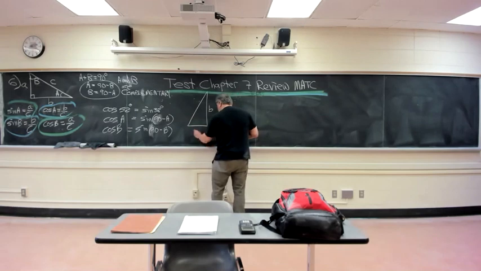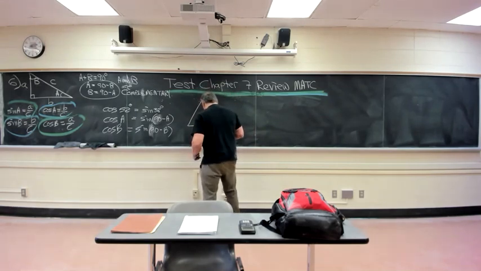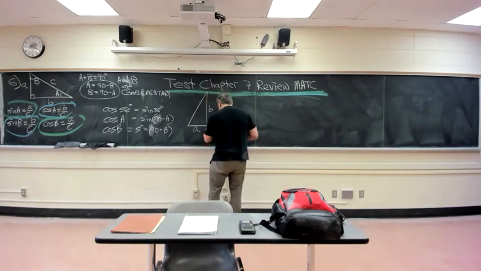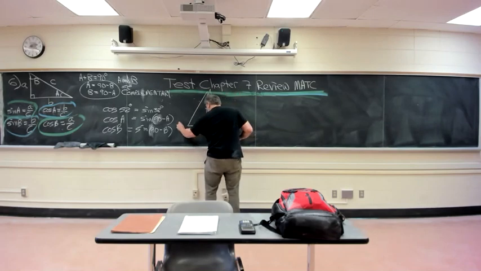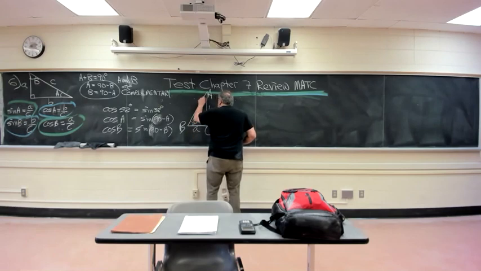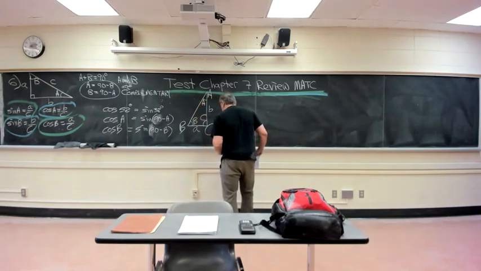If that guy's going to be B and that's going to be A, and you're going to put big C here and big A here and big B here, this is B, this is A, and this is C, and it's a 90-degree angle.